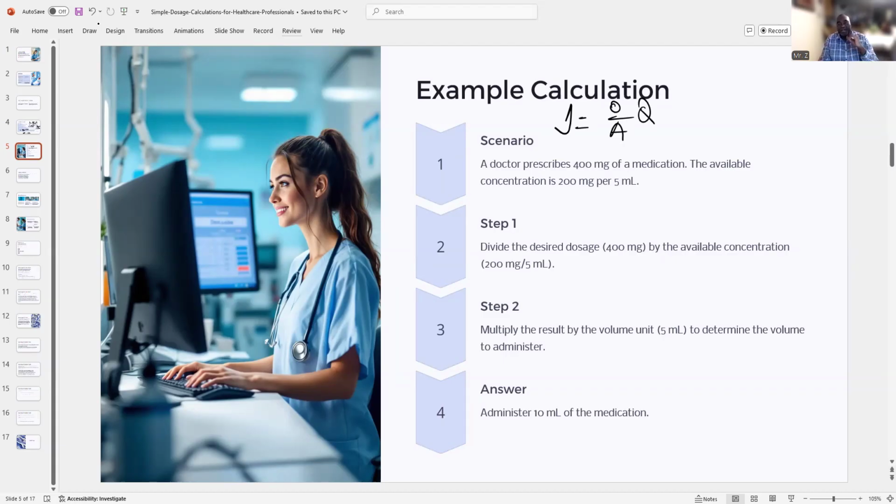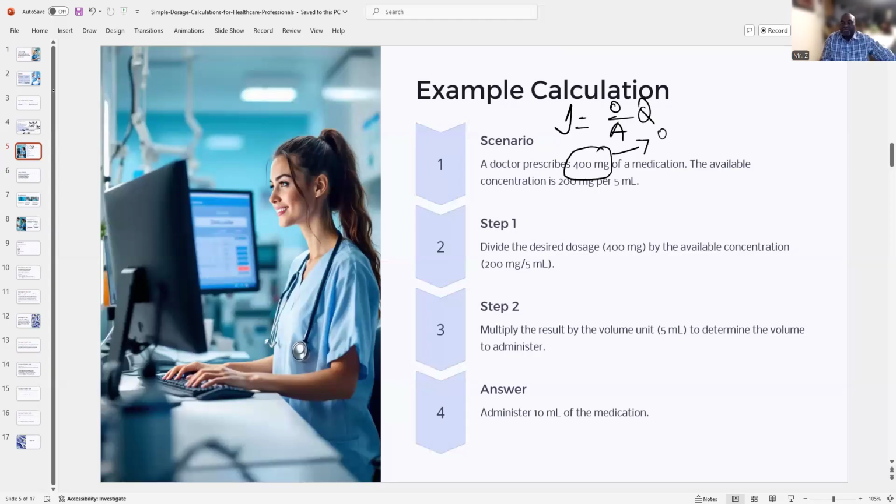Anytime you hear the doctor prescribe, the doctor order, or a patient is receiving, or the patient is taking, all of those expressions are going to express an order for you. So a doctor prescribed 400 milligram. That 400 milligram is your order.